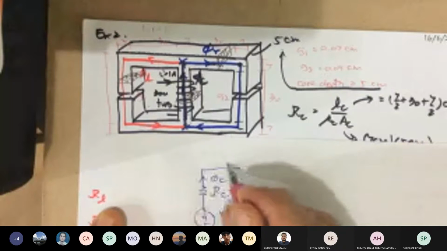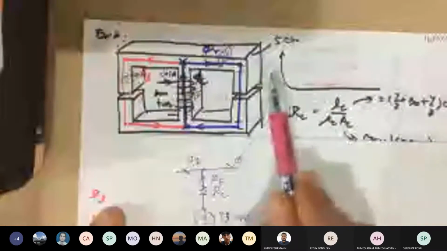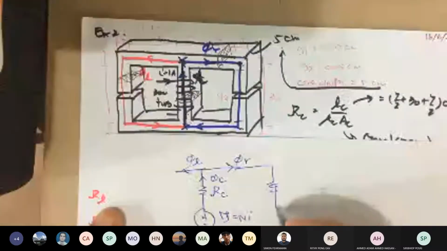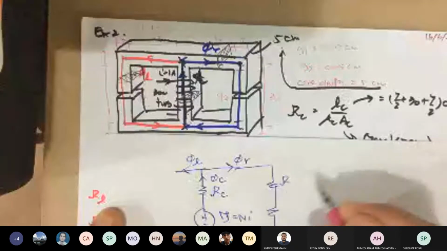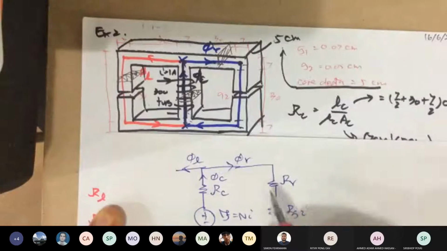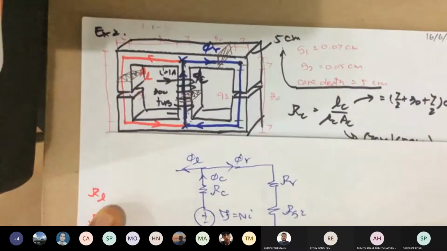On the right path is the core from here up to down here, and the air. So 2 materials, so I'm going to show you 2 reluctances. One for R right, another one for RG2. And then the blue one completes at the bottom here.